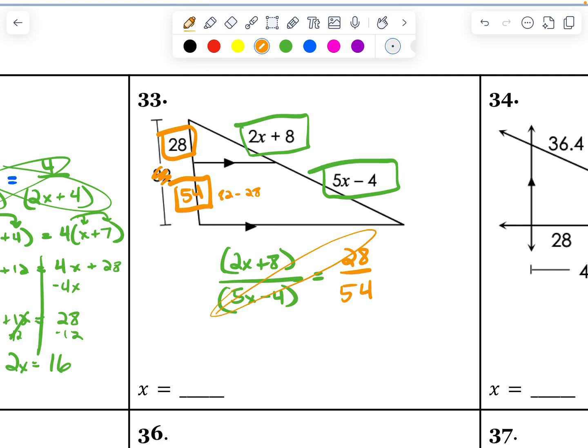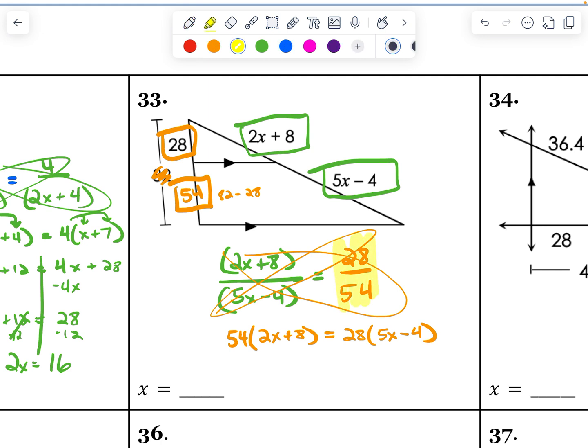All right, cross multiply. Cross multiply. This is a lot of math here. 54 times 2x plus 8 equals 28 times 5x minus 4. If you wanted to reduce this fraction first, I think they're both divisible by, what's that, 7?